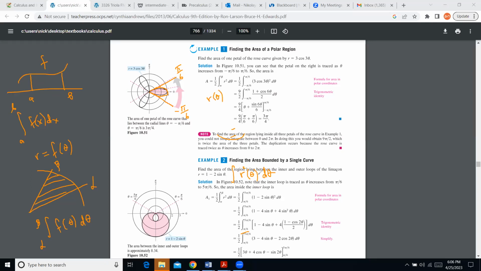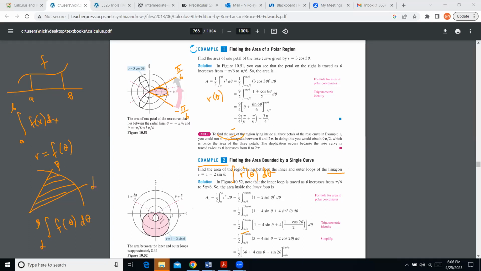So they consider various other examples here, like in example 2. Even though the integration part seemed kind of straightforward, all of the work done before was to produce the actual limacon, right?